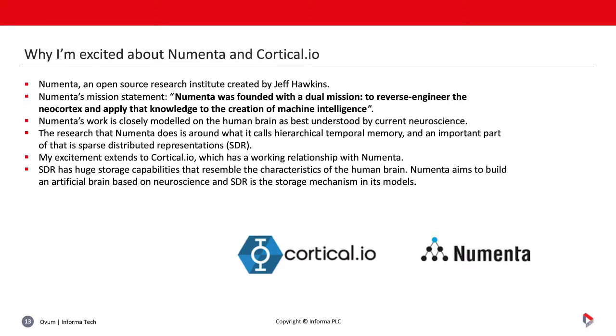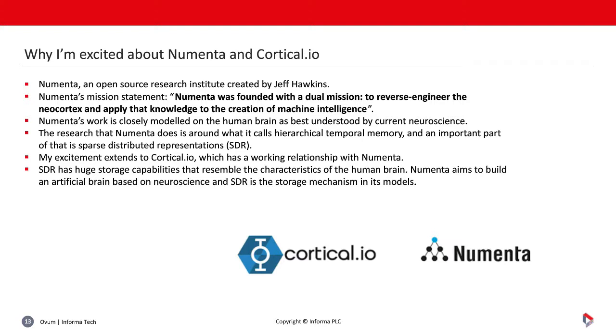What is interesting about Numenta, coming back to this question of AI and deep learning, is that, as I mentioned, deep learning is very much engineering-oriented in terms of its architecture and has limitations for the future of AI. What Numenta is doing is creating AI that is much more closely based on neuroscience and our understanding of the human brain.